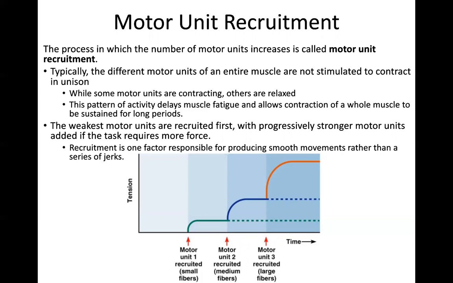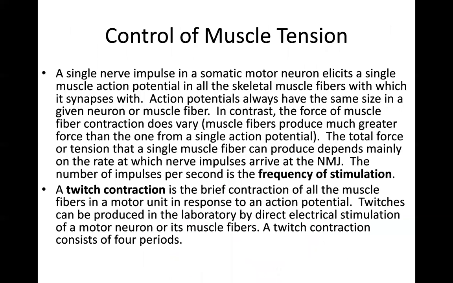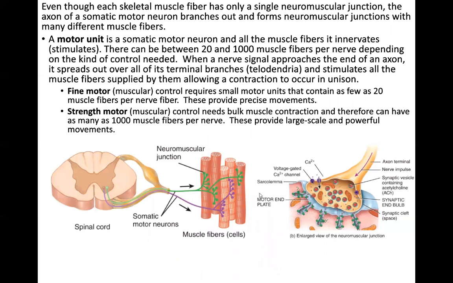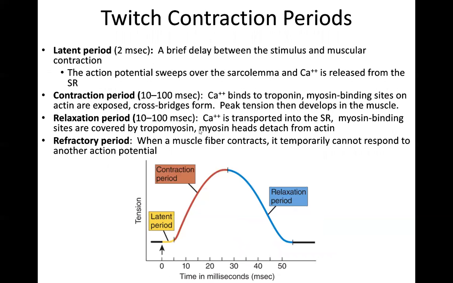Yeah, weird. All right, so we've been talking a lot about motor units, and remember a motor unit, if I go back a few slides, is one motor neuron and all the fibers innervated by that neuron and how they all contract at the same time.